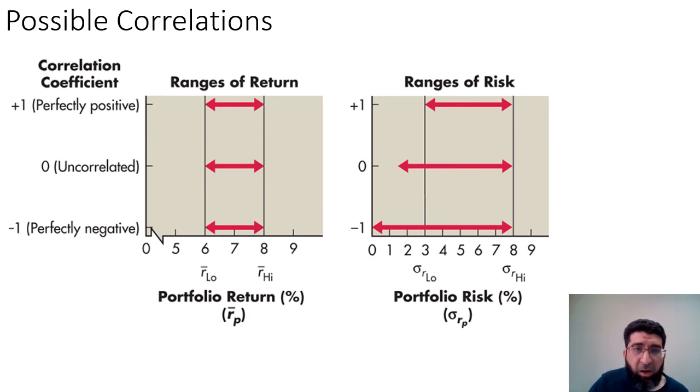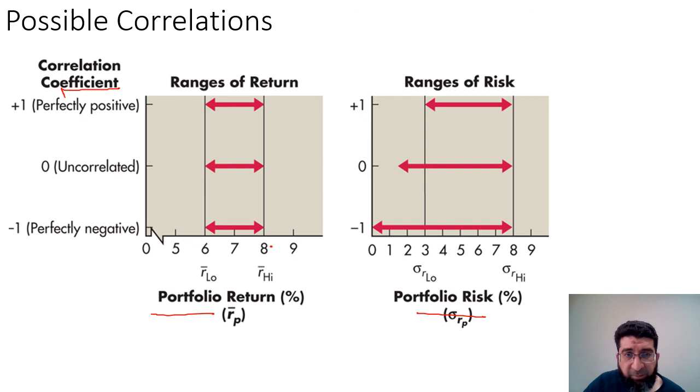In this slide, you can see that we have the correlation coefficient given on the y-axis, and on the x-axis we have portfolio returns. Now for a perfectly positive correlation, these are the range of return between 6 and 8%. Between low and high, 0 is here, and then we have the range of risk for all the three portfolios.